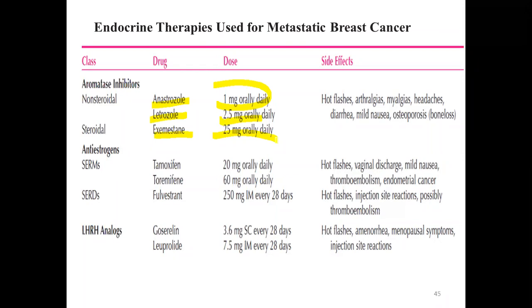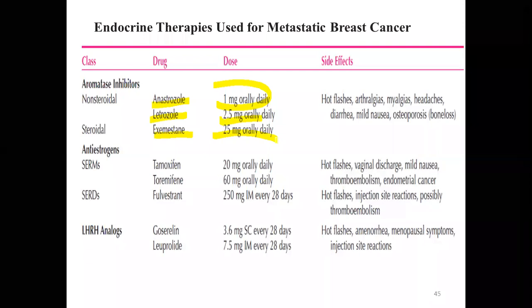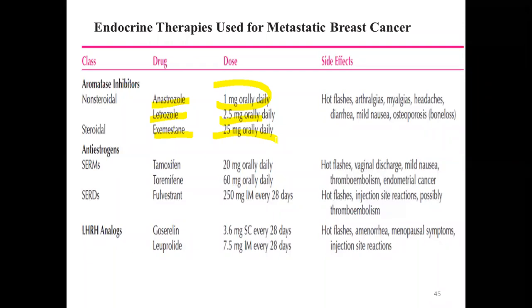So we can use any. If anastrozole is not effective, we can try exemestane. By the way, there is one study I read: the possibility of cross resistance is almost minimal among themselves. So if anastrozole is not working, you can use letrozole or exemestane. That is very important information to know.